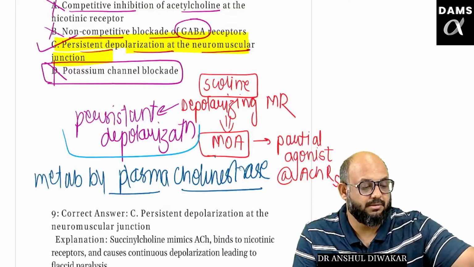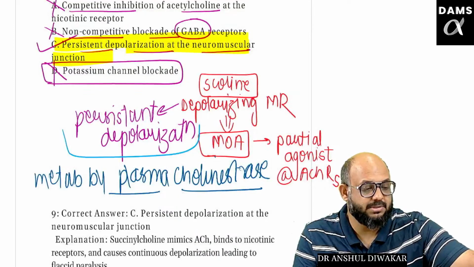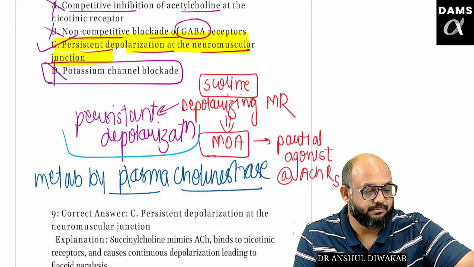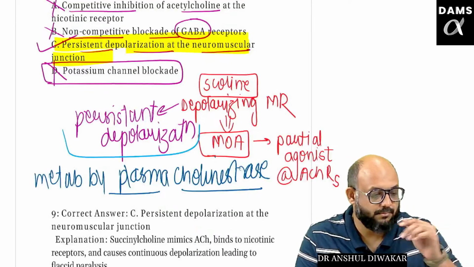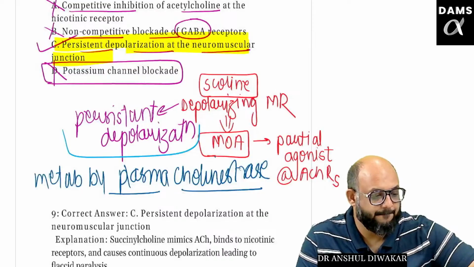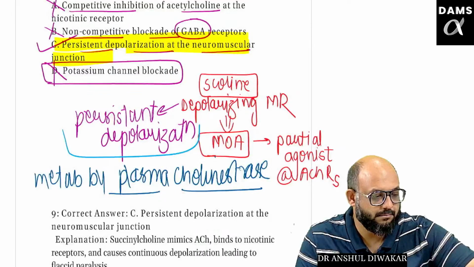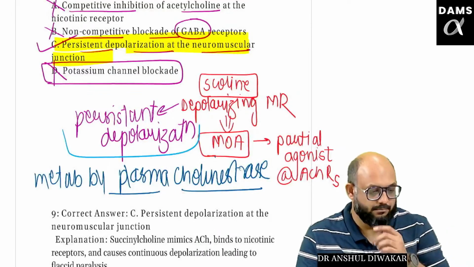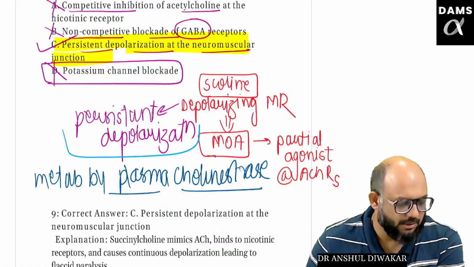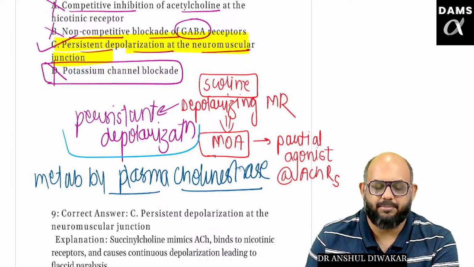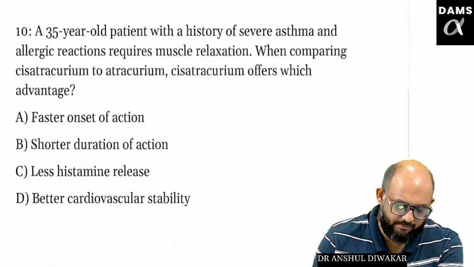And that is the reason why it causes persistent depolarization. Eventually, because of persistent depolarization, there is closure of time-dependent perijunctional sodium channels.